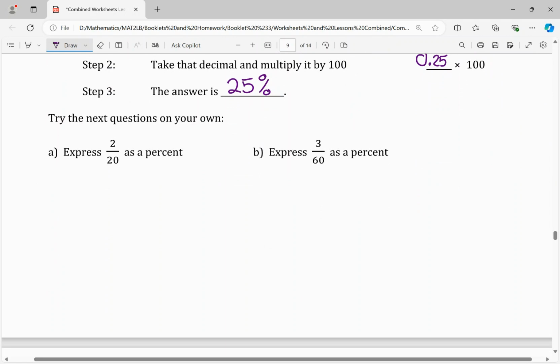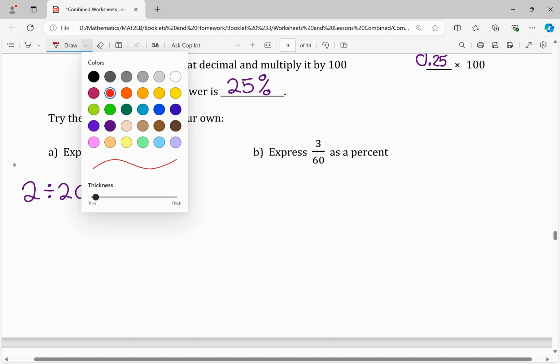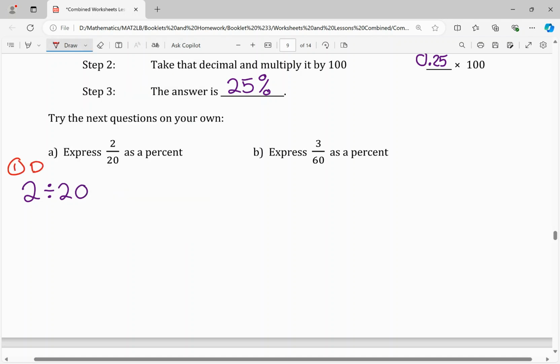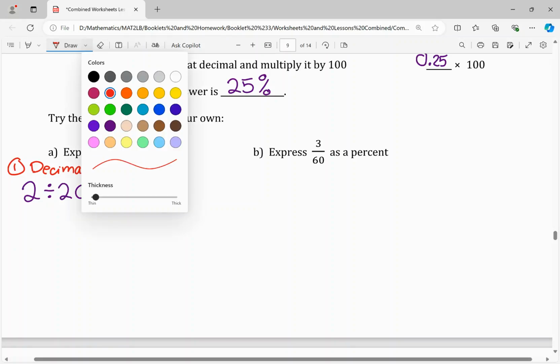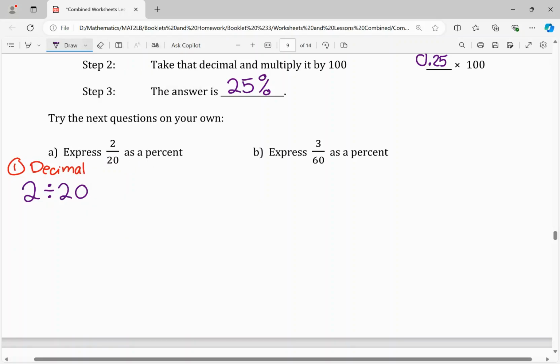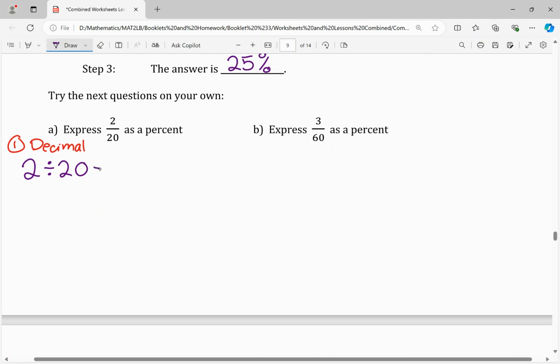So example A, express 2 over 20 as a percentage. The first thing that we're going to do is convert it to a decimal. And we do that by dividing 2 by 20. Now 2 divided by 20 should be 0.1.